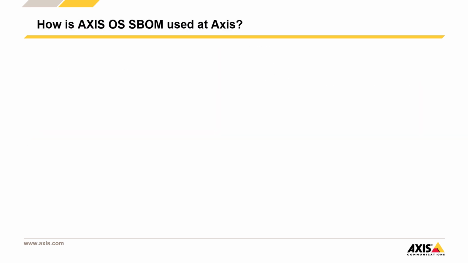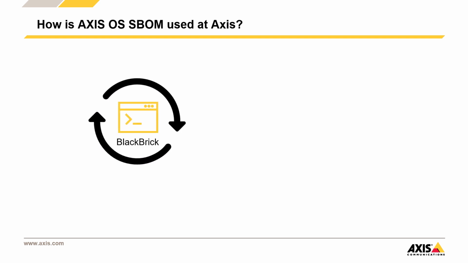Let's take a closer look at how we at AXIS are leveraging the AXIS OS SBOM to proactively identify and address potential security risks. At the core of this system is BlackBrick, an automated analyst engine developed internally at AXIS. BlackBrick performs nightly scans of the AXIS OS SBOM, covering over 200 products.